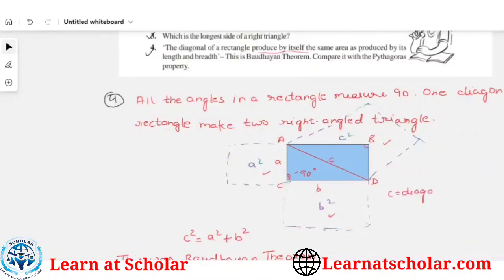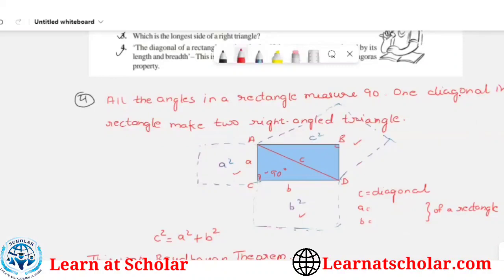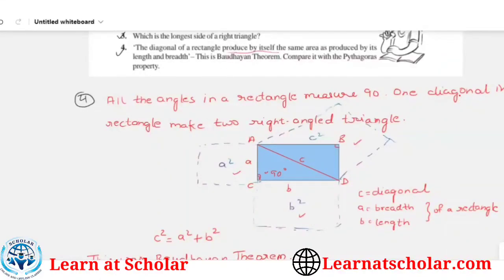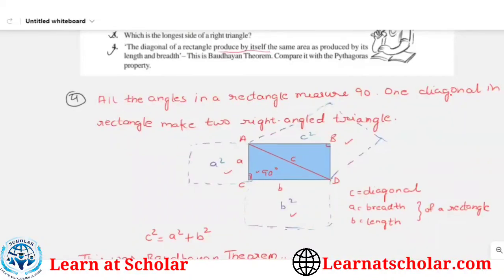Here the diagonal C is also the hypotenuse, A is the breadth and B is the length of the rectangle. So it is also the length, breadth and hypotenuse of right angle triangle.